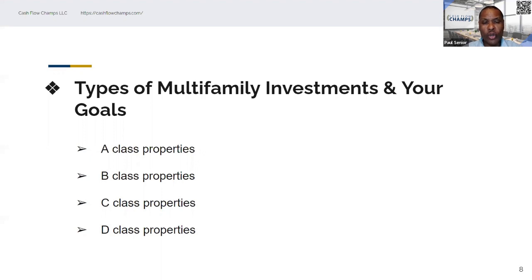So you will have to know what your goals are and align them with the multifamily investment that you want to pursue. For example, if one of your goals is to achieve passive income with little or no involvement in the daily operation of the real estate business, then making an investment in a D class may not be in your best interest. Why is that?